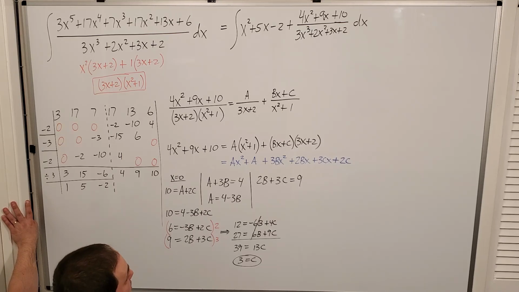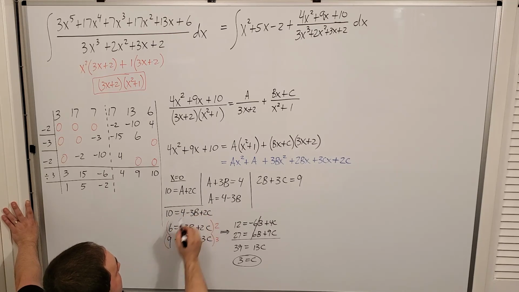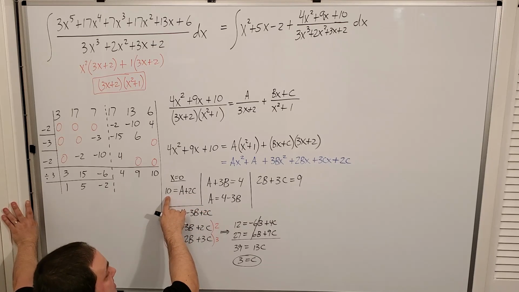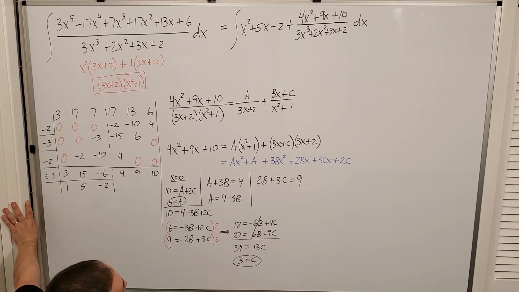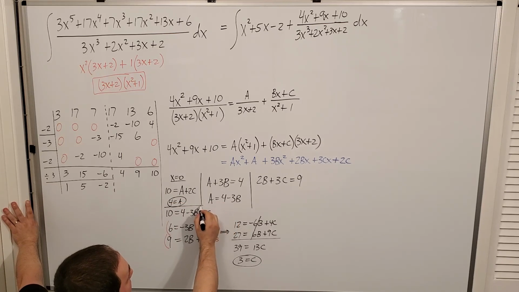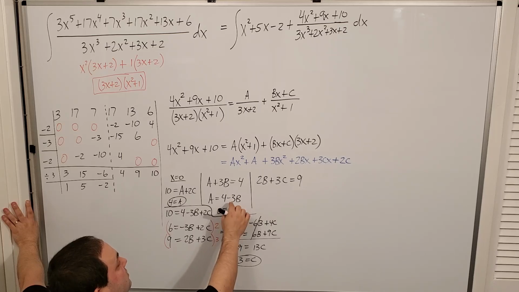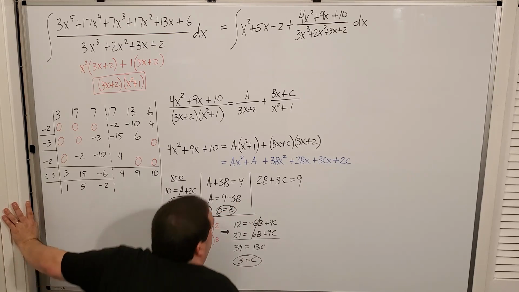Okay, so if I know that C is 3, I can come over here and find out what A is. If C is 3, then A plus 6 is 10, so A would have to be 4. And if A is 4, right here, 4 equals 4. If I subtract 4 from both sides, I'll have 0 is equal to negative 3B, so 0 is B. All right, so we got A, B, and C now.